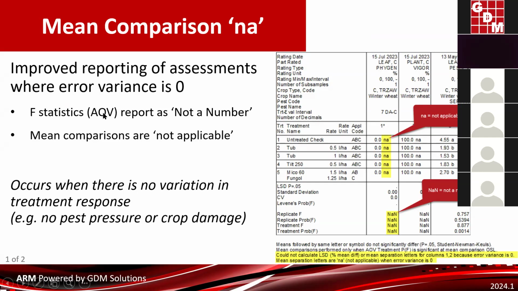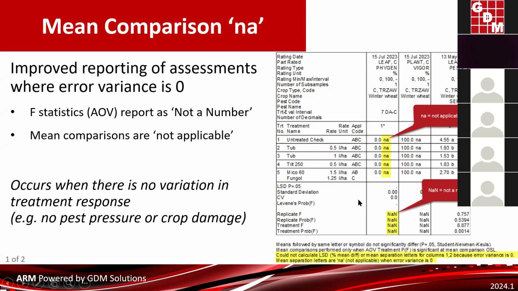So the two ways that's expressed: the statistics from the AOV table itself is just not a number, or NaN for short. I can't calculate a number. Saying that it's 1 or 0 isn't totally true because there's just not a number at all. And kind of the same idea with the mean comparisons. There is no mean comparison that was even performed. And so it's NA, short for not applicable. Couldn't do it. And then there are footnotes at the bottom as well to try to make that clear.